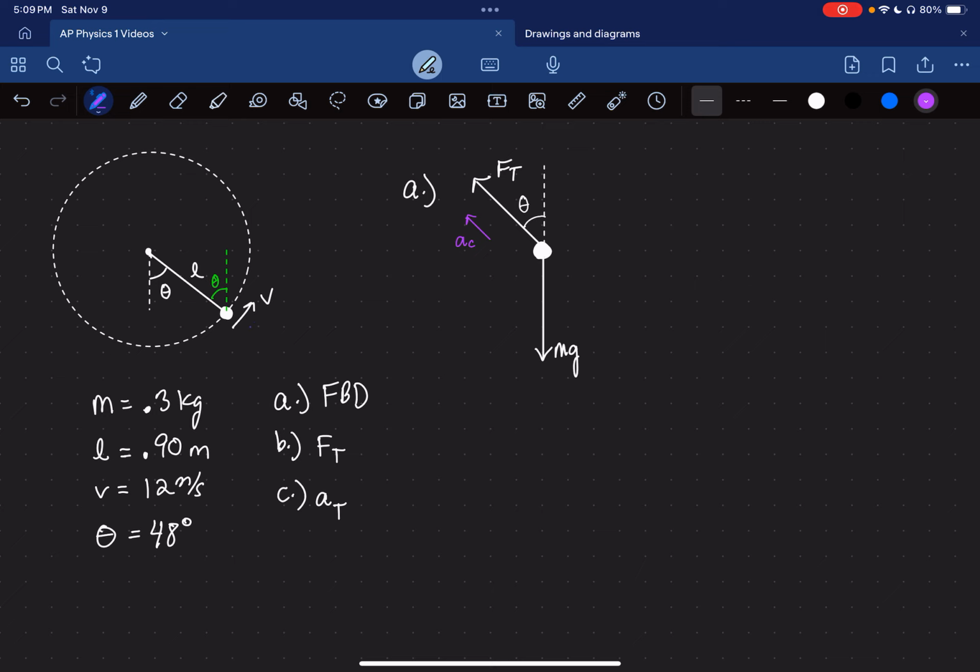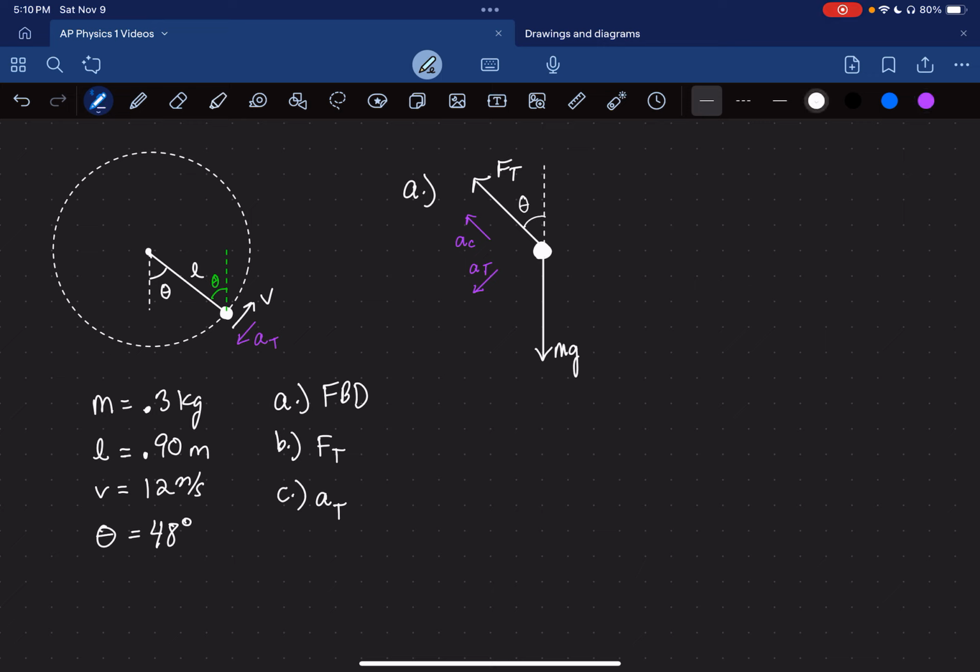But there's also a tangential acceleration. And since the speed of the ball is slowing down, the tangential acceleration is pointed in this direction, tangent to that curve. I'm going to trace that on here. Okay, centripetal acceleration this way, and there must be tangential acceleration this way.